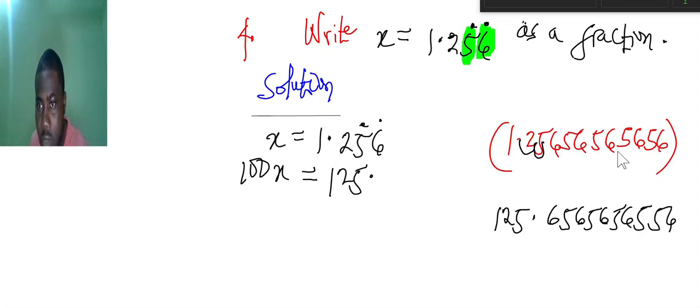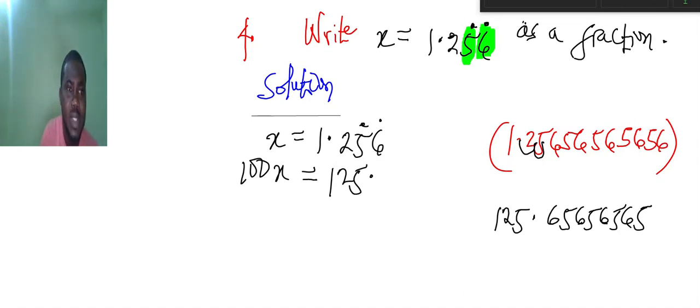Now, our aim is such that the recurring decimal should cancel out when we subtract, and the recurring decimal here occurs at 56.